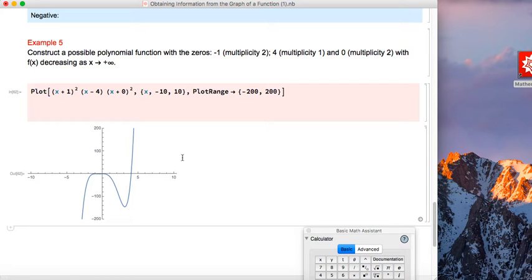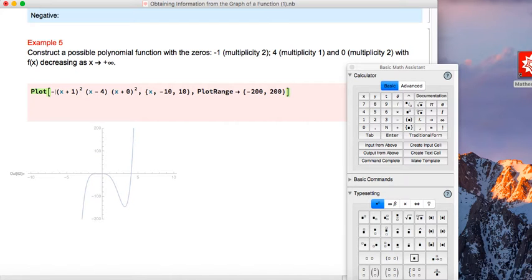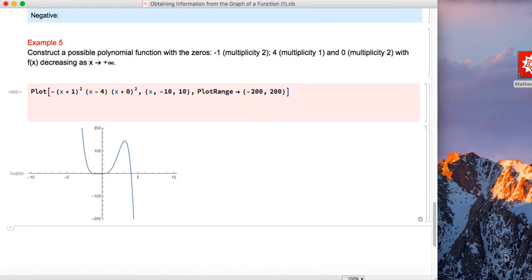So possibly we could flip this graph, so it goes down and becomes decreasing. And remember, how can we flip it? You can simply multiply by -1, or negate this function. Okay, so when x goes to positive infinity, f(x) is decreasing. Now we have completed this.